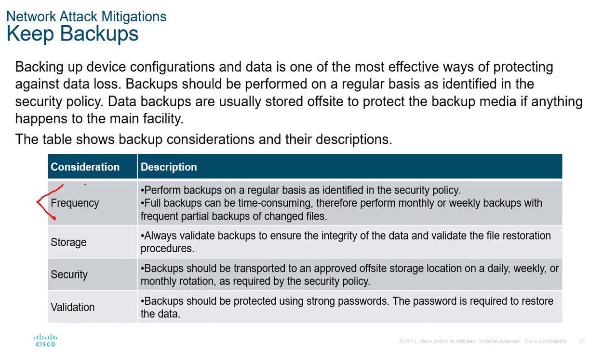So you may do that on a daily or weekly basis, and then you'll have partial backups that occur more frequently. Those partial backups will consist of the changes that have been made to the data files since the last full backup. So there are different strategies for doing incremental backups.